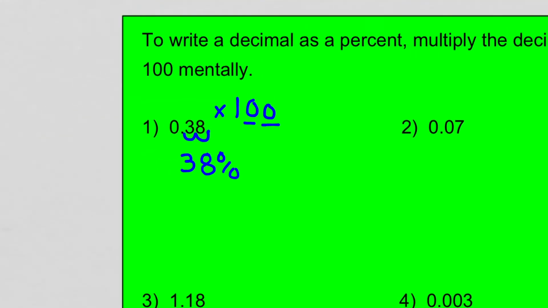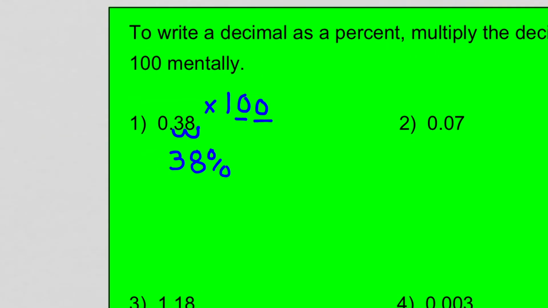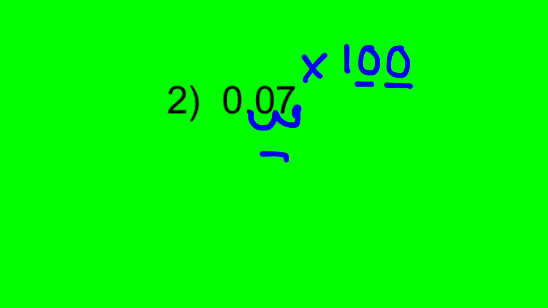So I'm always going to mentally multiply by 100, no matter what the decimal is. Watch this. 0 and 7 hundredths. Change that to a percent. I mentally multiply by 100. 2 zeros on 100 allow me to shift the decimal 2 spots to the right. The decimal ends up behind the 7, and I say that that is 7%.